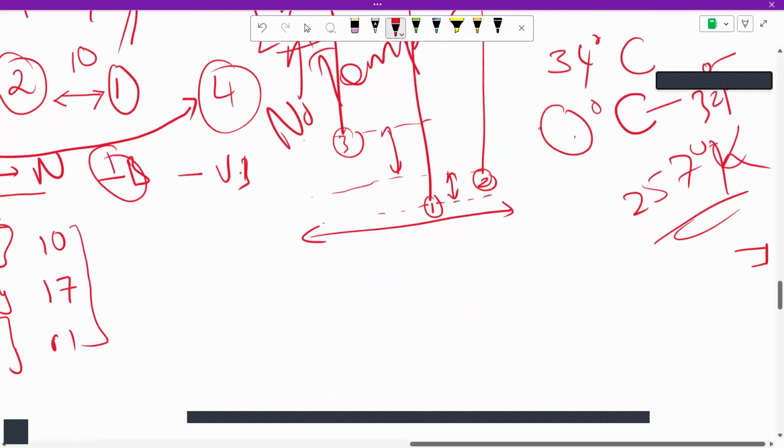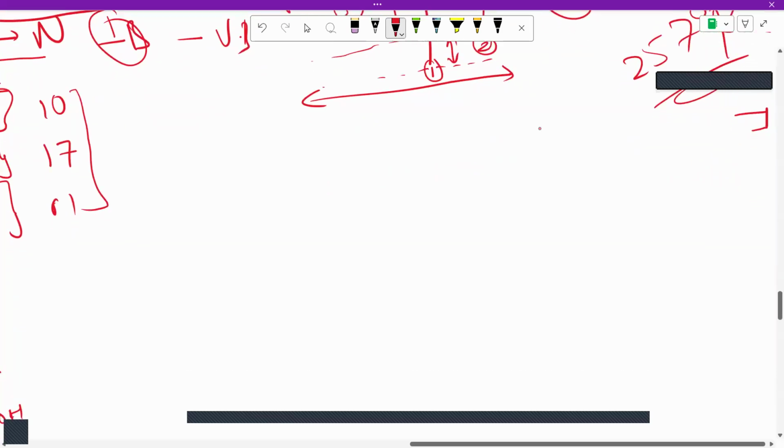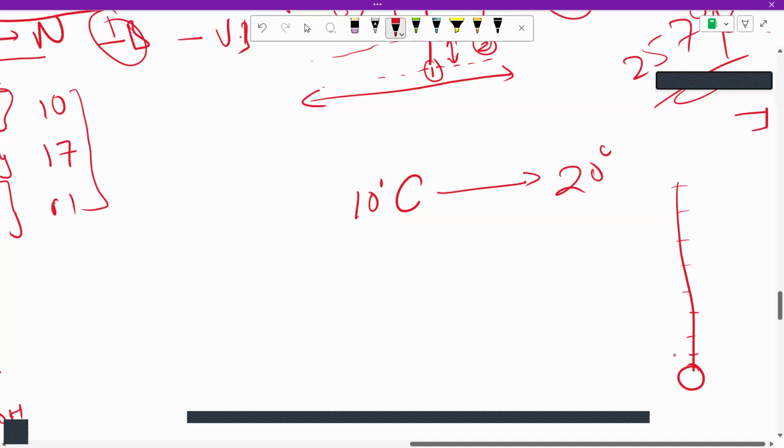And also here, temperature. Now the temperature is 10 Celsius, it becomes 20 Celsius. When you look at the temperature scale, the thermometer, you can see clear-cut intervals: 5, 10, 15, 20, 25, 30, like that.